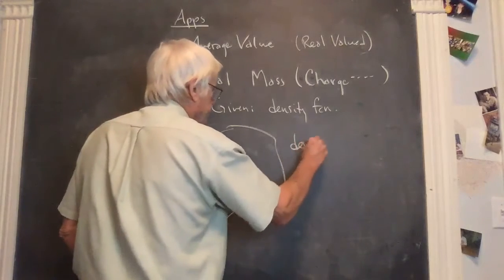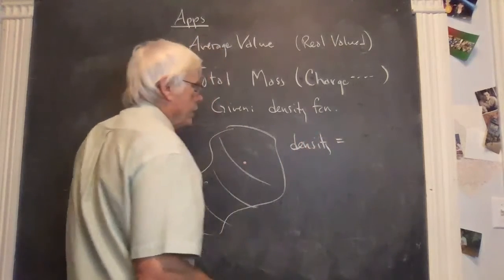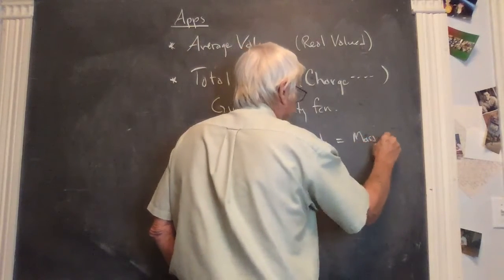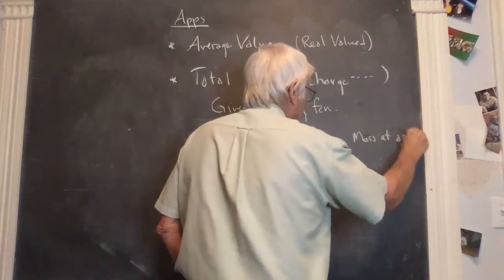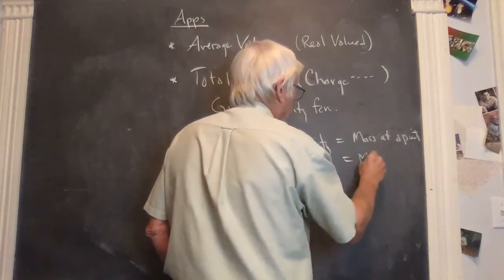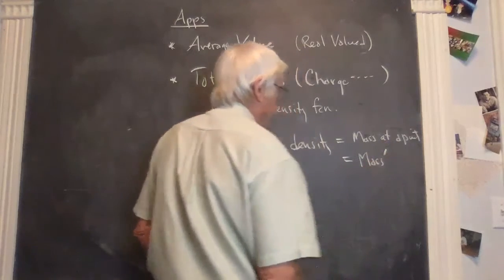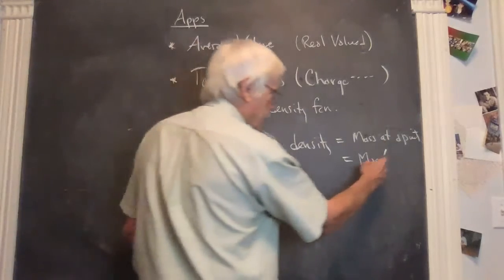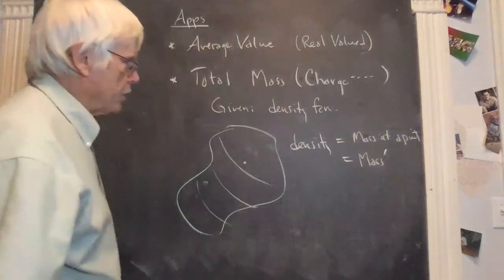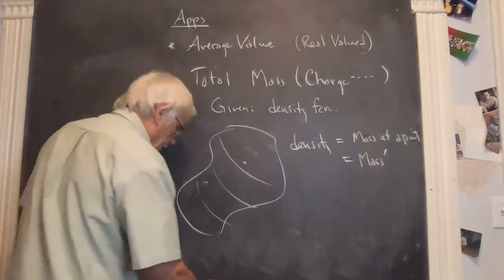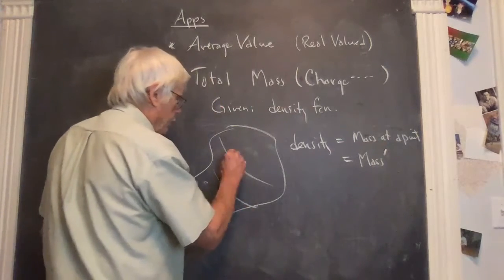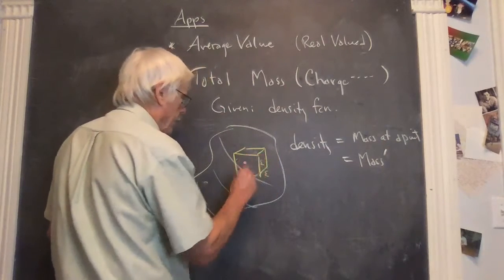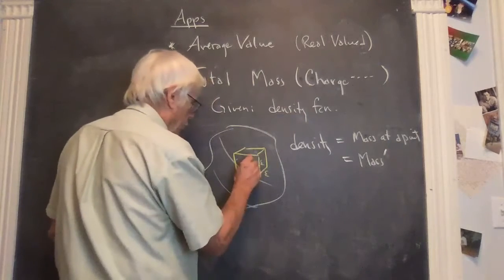Density is more or less mass at a point. Or another way, mathematically, to look at it, it is a derivative of mass, and this derivative is kind of a three-dimensional derivative, and let me show you what that means. We take a point in the object, and we take a small, let's say, epsilon by epsilon by epsilon cube centered at that point.